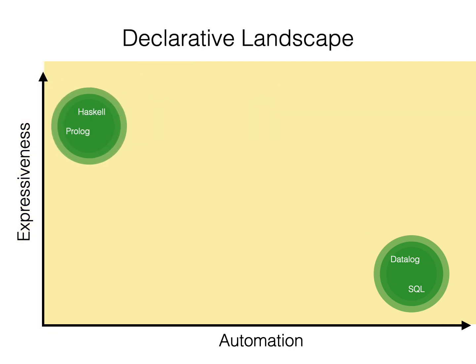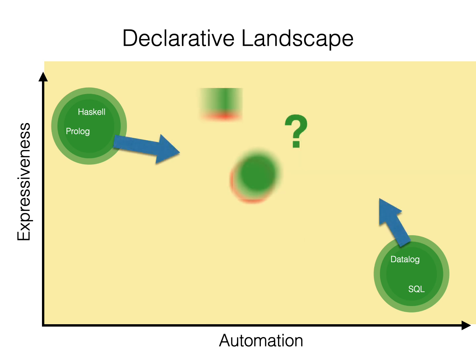Because we're not talking specifically about declarative languages here, I'll skip some of this. We start with the expressive languages, and we might try to make them more automated over time, taking us into this middle territory. We might start with the declarative languages and try to make them more expressive over time.